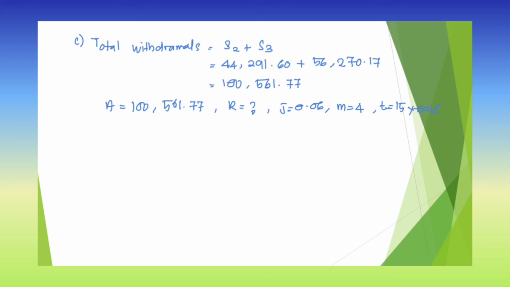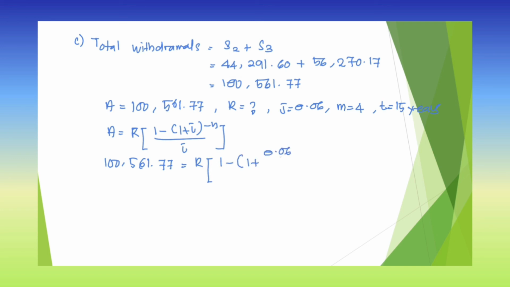We are going to use the formula A equals R (1 minus (1 plus I) to the power of negative n) over I. Substituting the values, 100,561.77 equals R (1 minus (1 plus 0.06 over 4) to the power of negative 4 times 15) over 0.06 over 4. Therefore, R equals RM 2,553 and 61 cents.